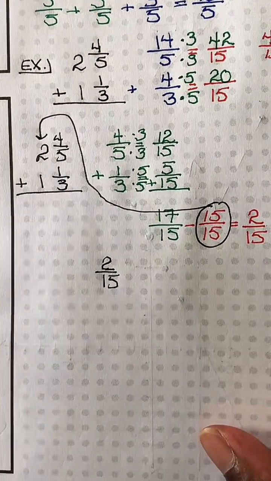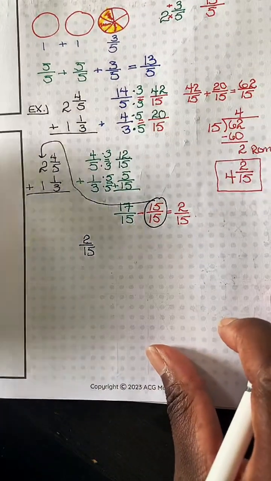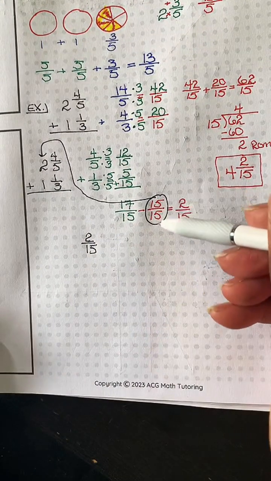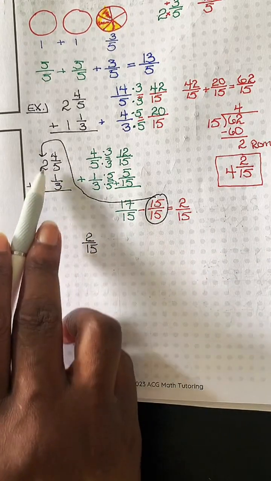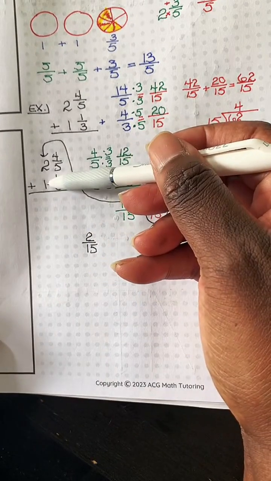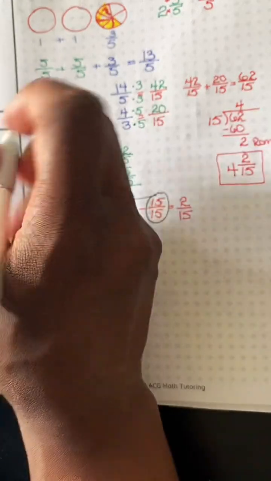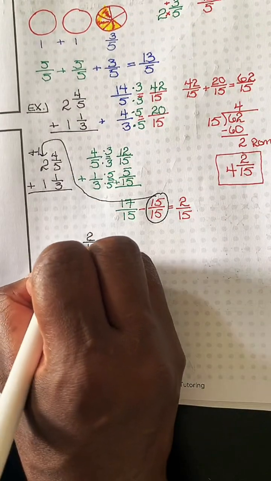Let me unzoom just a tad so you can see what's going on. So the one that we pulled, we need to take it back and add it with the whole numbers that we have. So 2 plus 1 gives me 3, plus 1 will give us our 4.